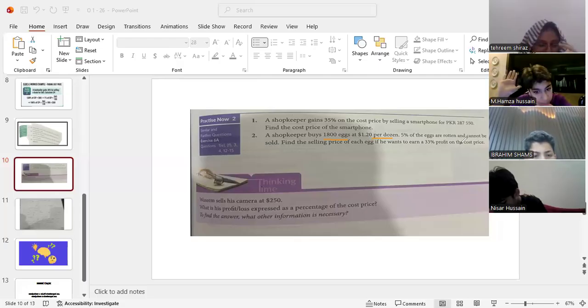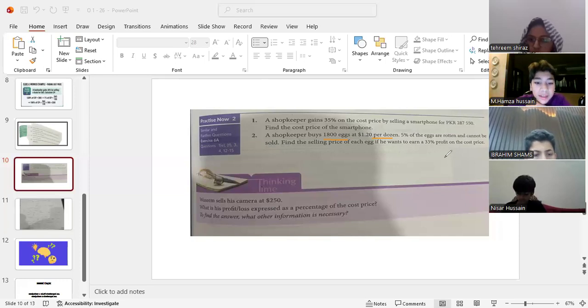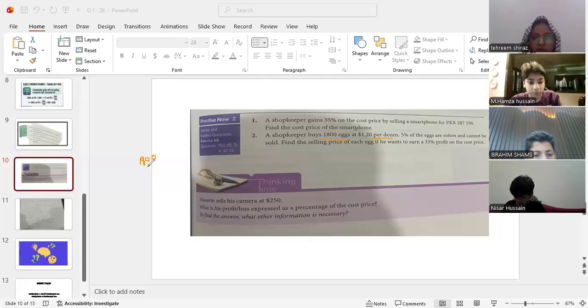Yes, Hamza. So we will divide 1800 by 12 and then multiply it by 1.20 to see how much money is spent. Yes, exactly. This is what we have to do. 1800 divided by 12, to convert it into dozens, becomes 150 dozen.